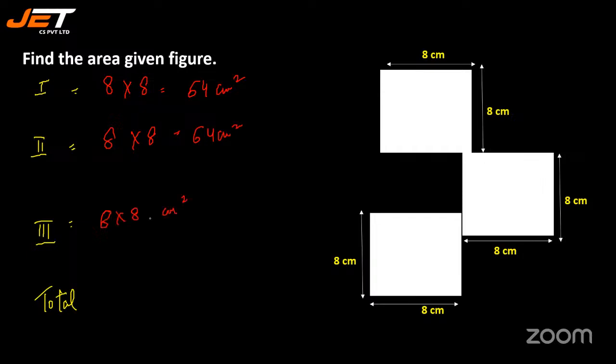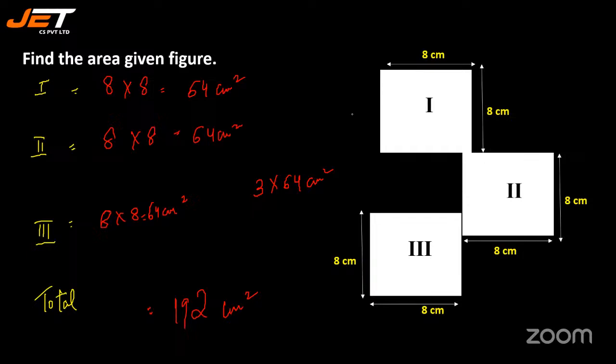Now, if I can see that all the squares have the same measurement, I can also do it like 3 times 64 centimeters square. Or you can simply add them. 192 centimeters square is the area of this entire figure.